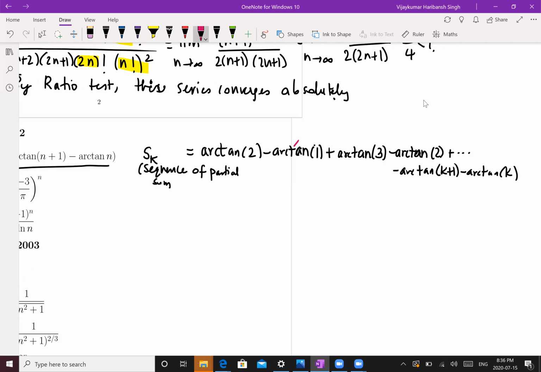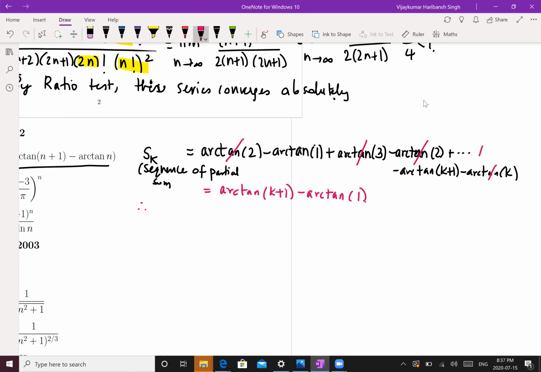This will cancel out with this one, this will cancel out with the next one. So S_k is going to be arctan of (k+1) minus arctan of 1.